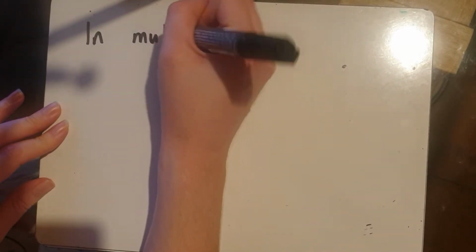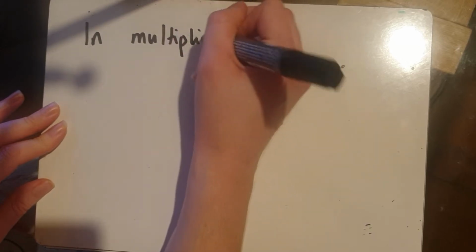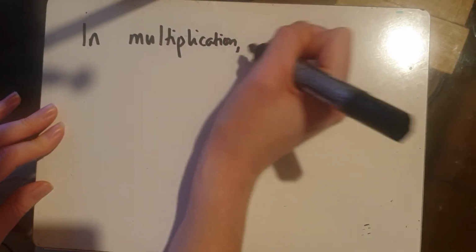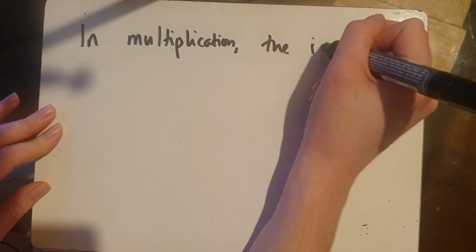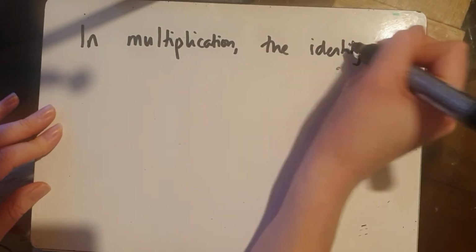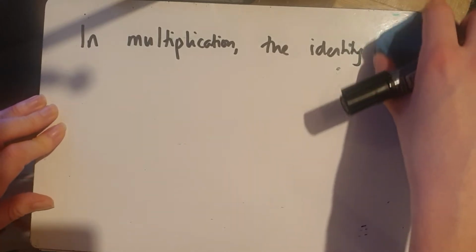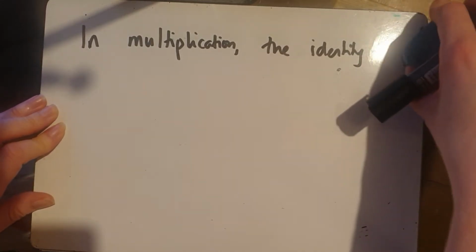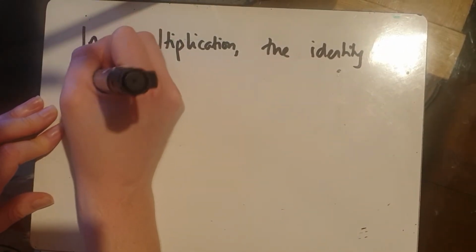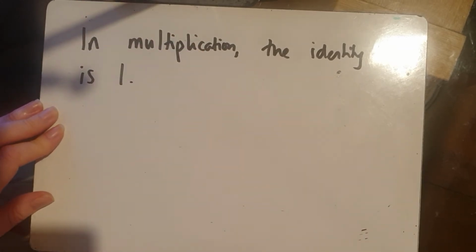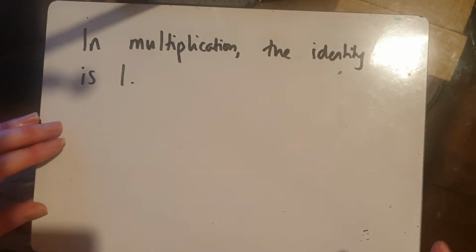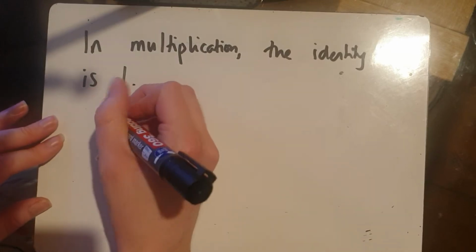In multiplication, any guesses what the identity is? The identity is 1. Oh, you can't see that bit. I'll put it down here. The identity is 1. Why? Because 1 preserves value under multiplication.